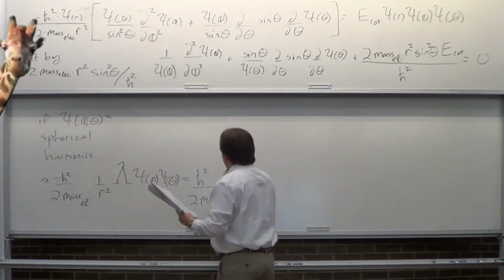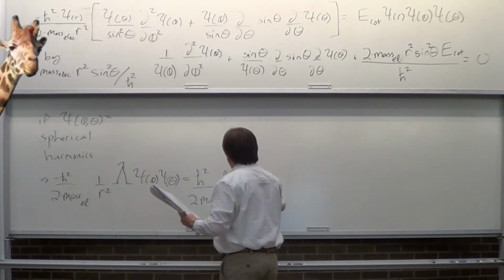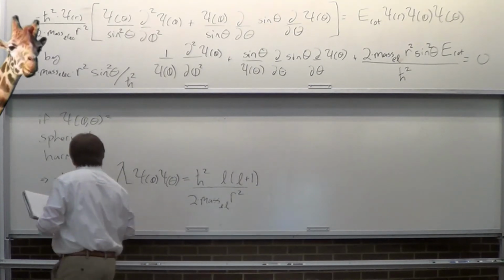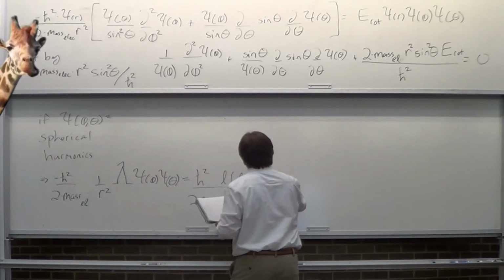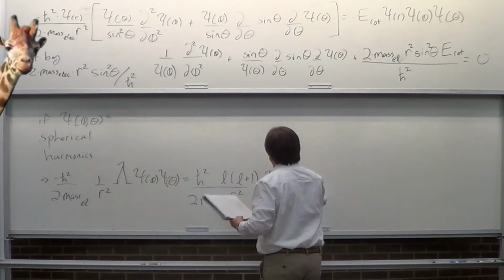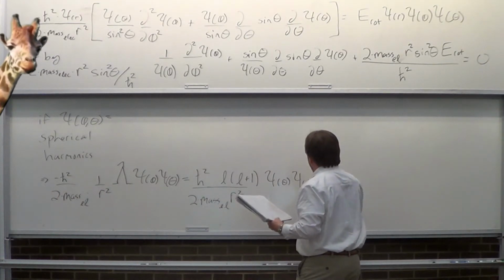I told you this is a bear. L times L plus 1, wave functions. Actually, I meant to give myself enough room to continue with that damn thing, and I didn't. Anyway.